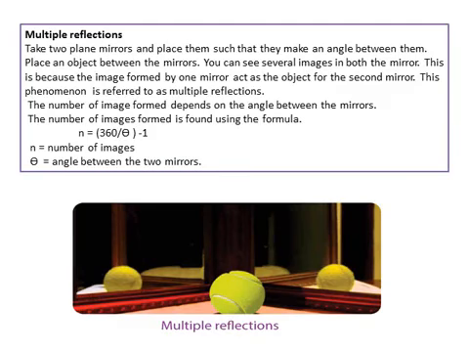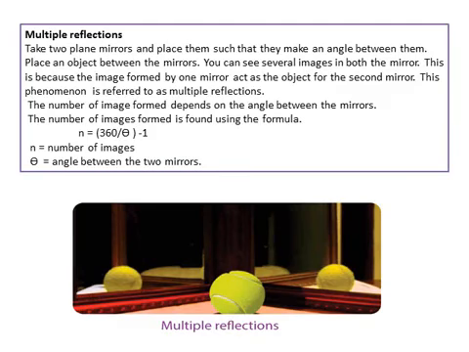Like this, multiple images are being formed due to multiple reflections. The object will be only one, but a number of images will be formed because of the plane mirrors which are kept inclined to an angle. So this is the basic process of multiple reflection.